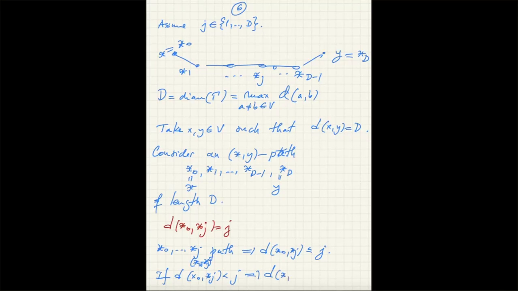So I would get the distance XY less than d, contradiction. So the distance between X0 and Xj is j.